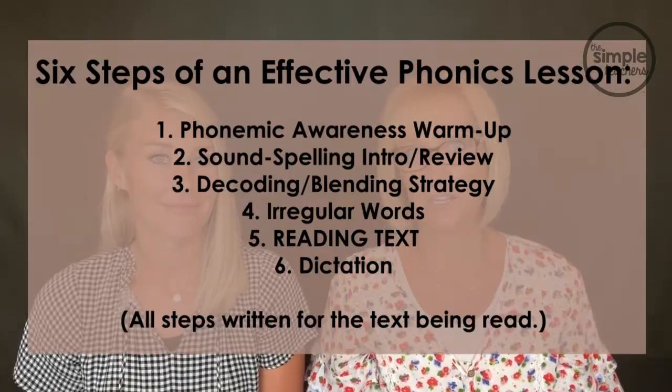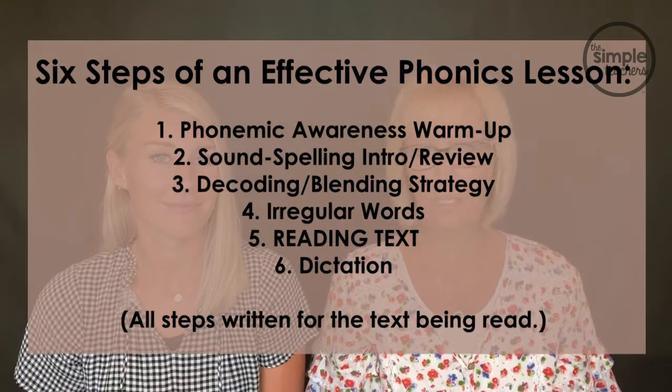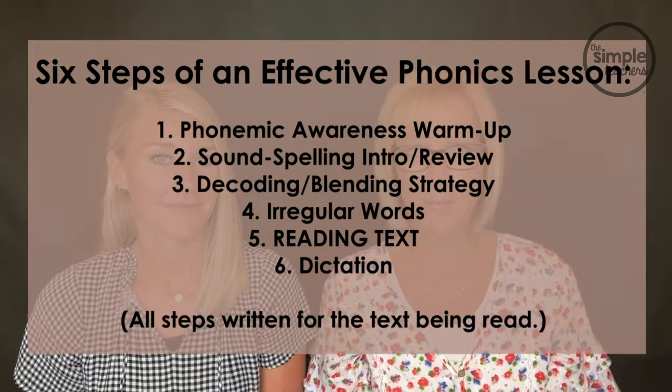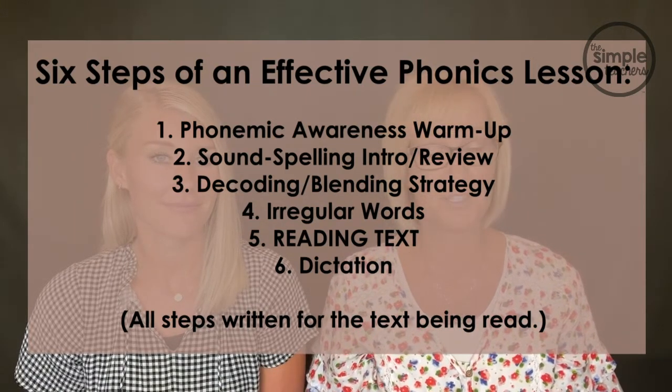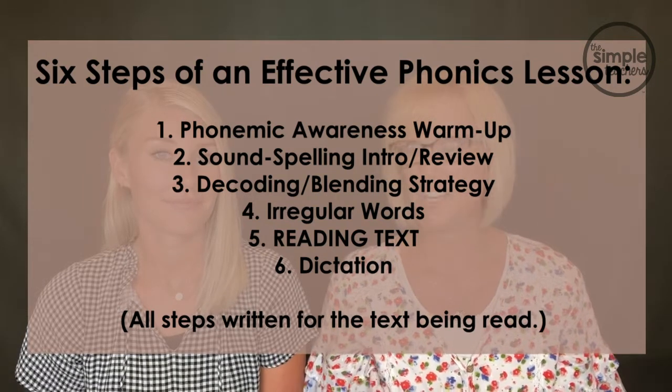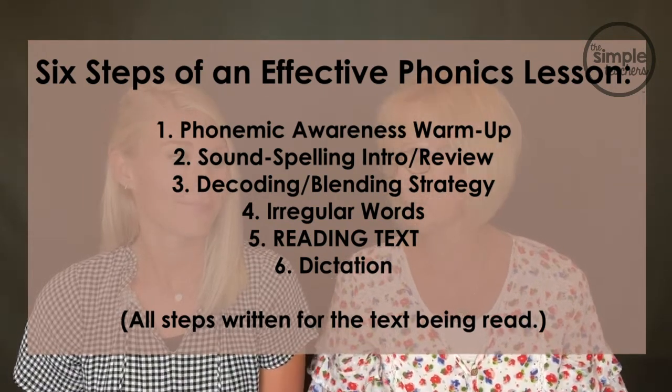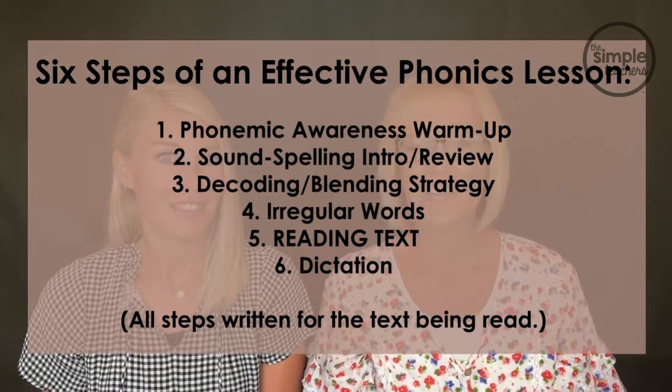So dictation, it's step 6. These kids have read the words, they've decoded them, you know the sound spellings, you've done irregular words, the whole thing has been done. They've read the text. Because you want them to read it before they're spelling, otherwise what are they spelling? They can't read what they spell. So read first, then spell.